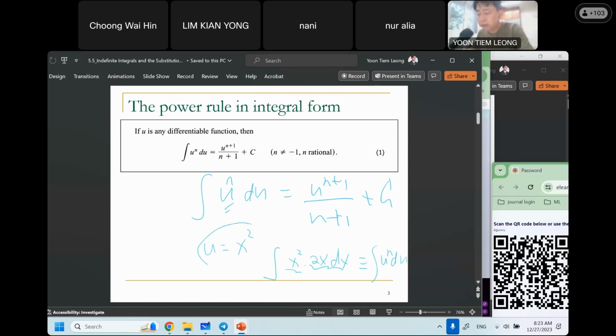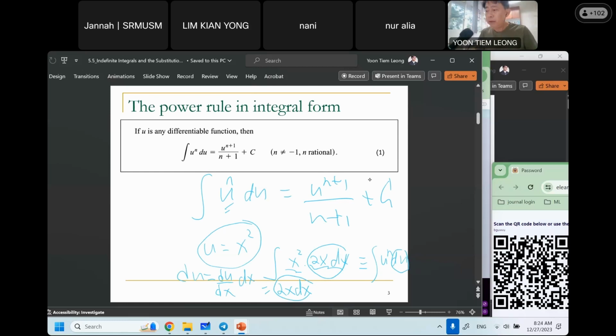Here, u takes on the form of x squared, whereas du is equal to du/dx times dx, which is equal to 2x dx. So 2x dx here is actually du. We'll be looking at this example in the following slides.